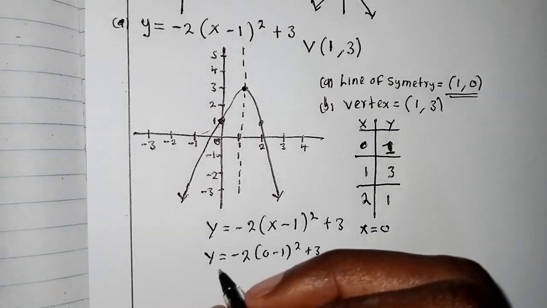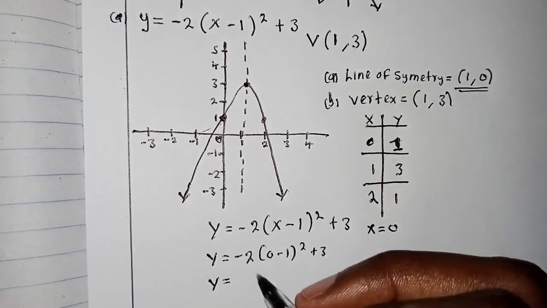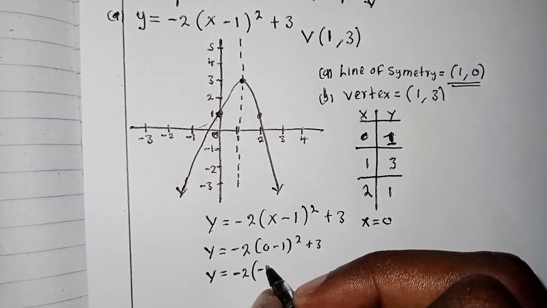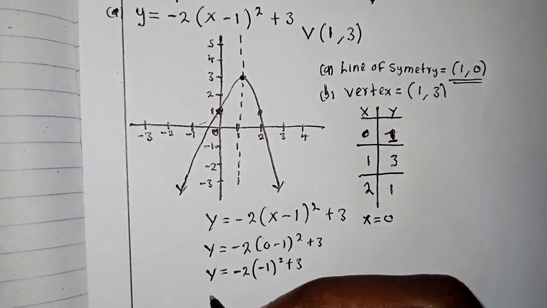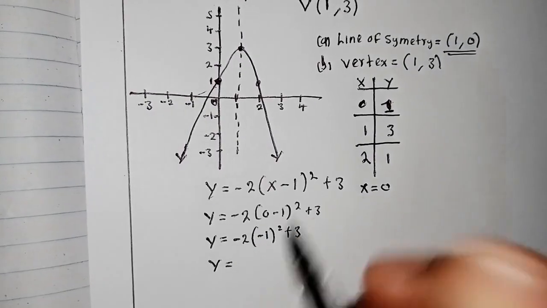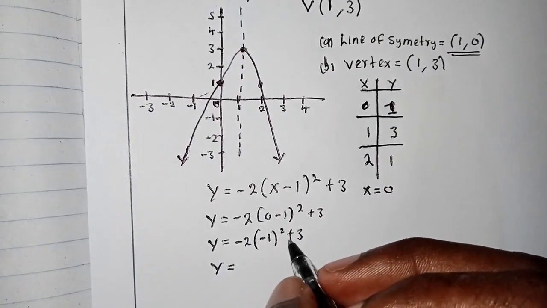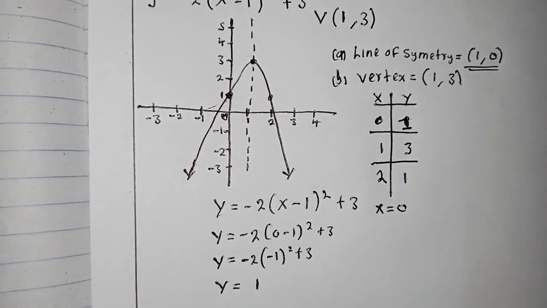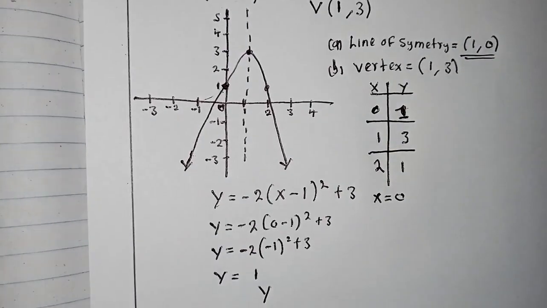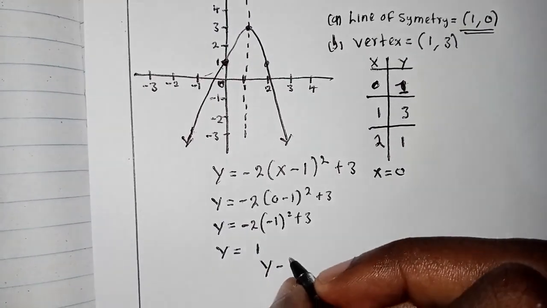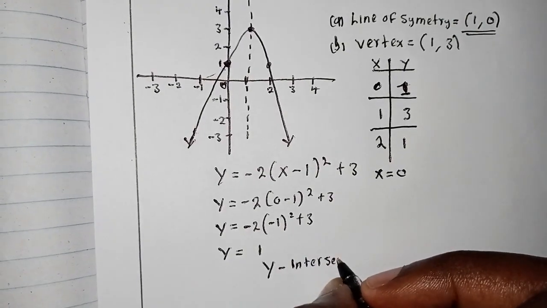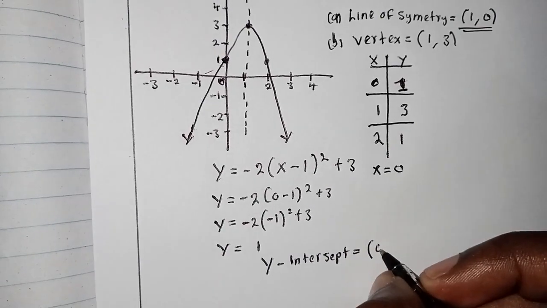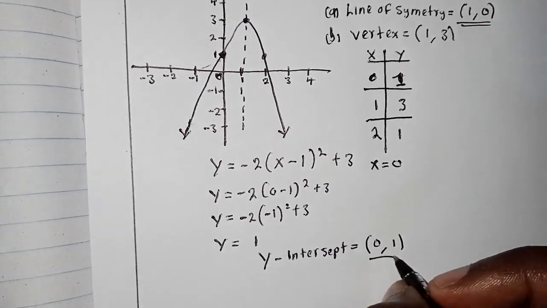From here, y is equal to negative 2 times 1 plus 3, which is negative 2 plus 1. Therefore we say our y-intercept is at 0, 1.